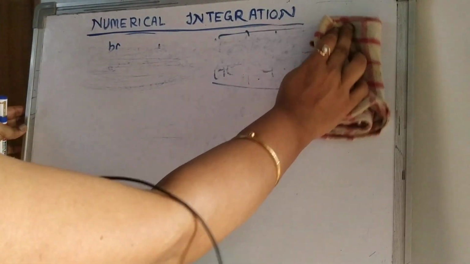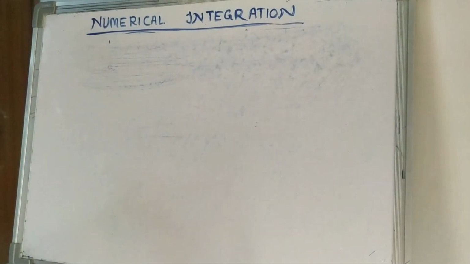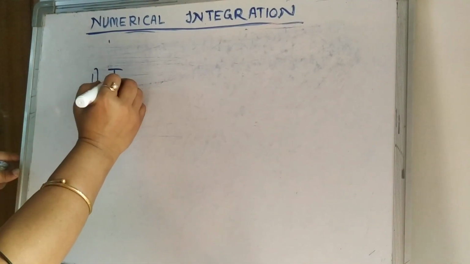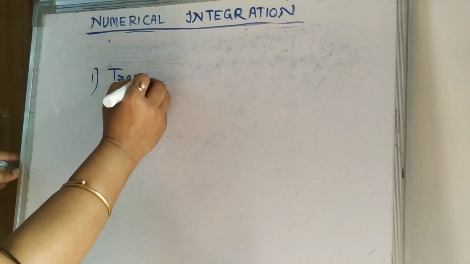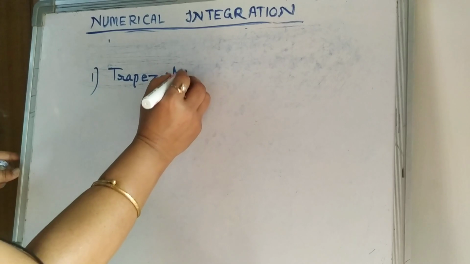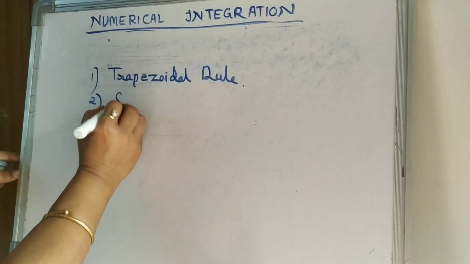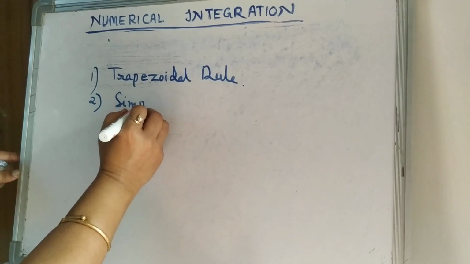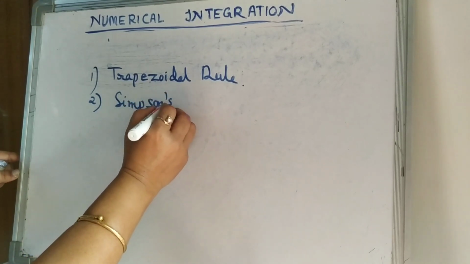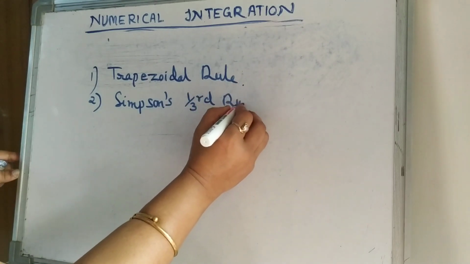There are three methods of finding integration. First one is the trapezoidal rule. Second one is Simpson's 1/3 rule.